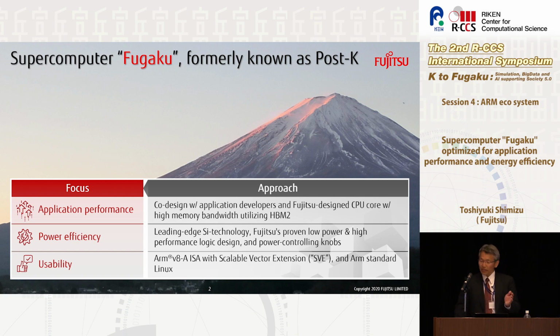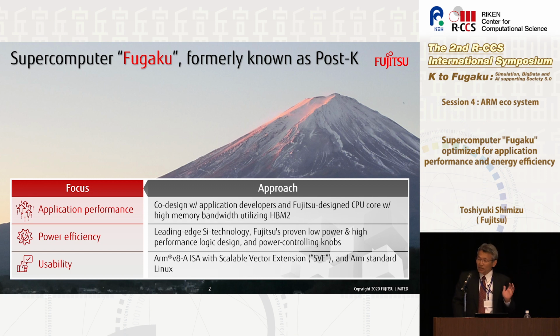In order to attain these goals, we utilize these approaches. For application performance, we work with application developers or researchers through the co-design approaches. And we developed Fujitsu original CPU cores for application performance and support high memory bandwidth memory, or HBM2.